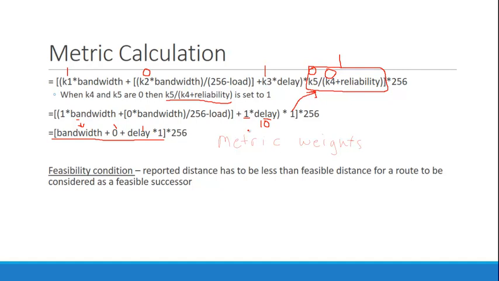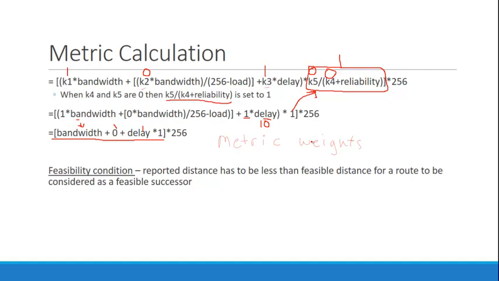We really don't want to change these K values. EIGRP works perfectly at the default values, so unless you really know what you're doing and you know that you need to change them, don't do it. But if you need to, you can use the metric weights command.